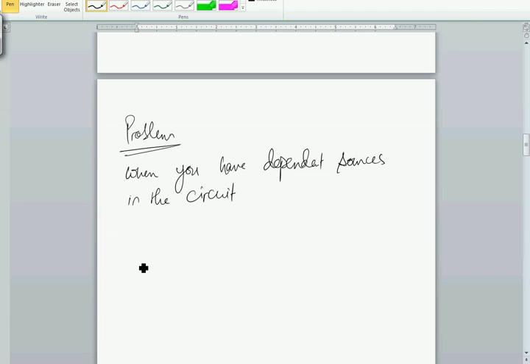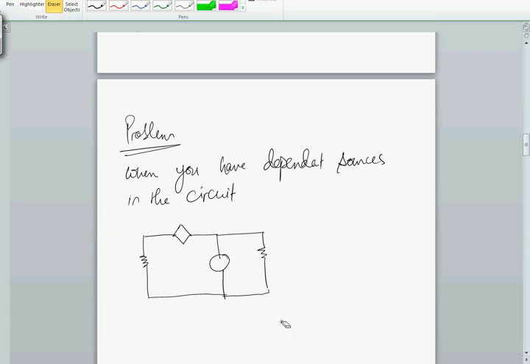Okay, let's use this problem. These problems are from your book, by the way. This is problem 40 from your textbook. It's a rather simple problem actually, but the method will be applicable to even complex problems as long as you have a dependent source in the circuit.